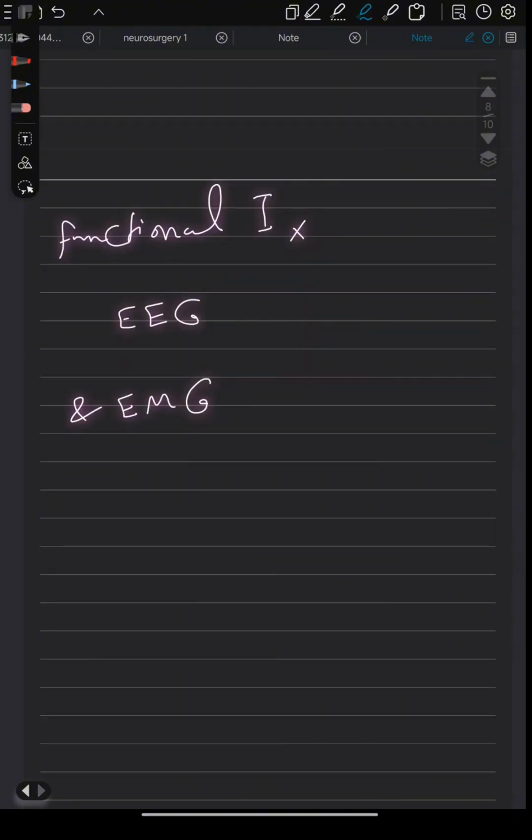There are also what are called functional investigations. So besides imaging, neurosurgeons also use tests that measure brain and nerve activity. This includes EEG, which stands for electroencephalogram. It's similar to ECG, electrocardiogram, but instead is for the brain, and EMG, which is electromyography.